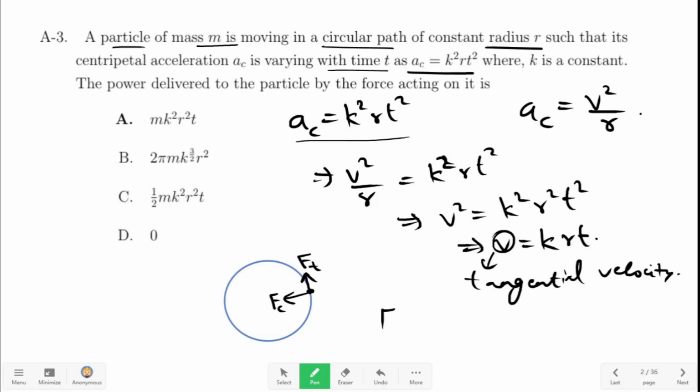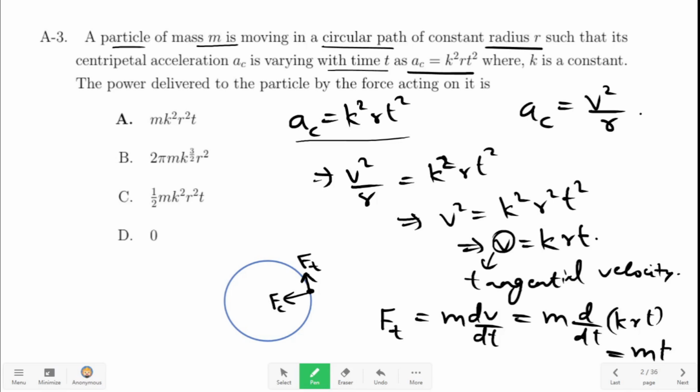Now tangential force is equal to m times dv by dt. V is tangential velocity. This is equal to m times d by dt of v is krt. This is equal to mkr. So this is the tangential force.